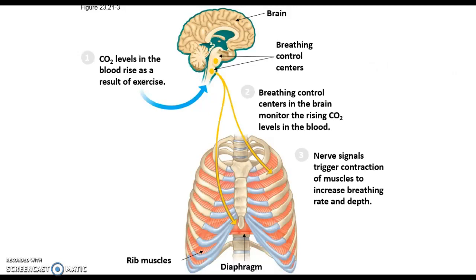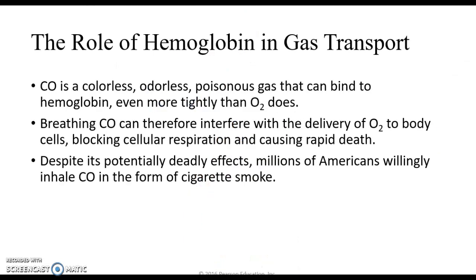Some people may think that we're breathing harder because we need more oxygen, but our brain is actually detecting too much carbon dioxide. So that's why we start to breathe a little heavier or more often during exercise.